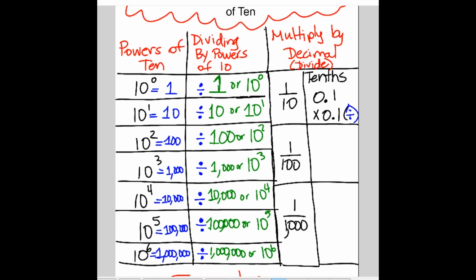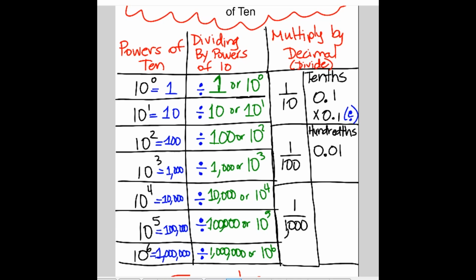Now let's go ahead and do the next one. Okay, now the next one is the hundredths place. Let's spell that. That's a big one. Again, and this decimal looks like what? 0.01.